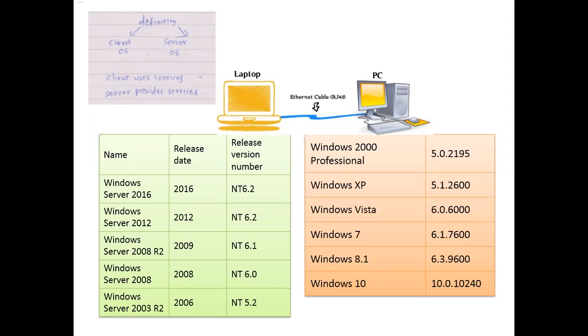Proxy server. A proxy server is the machine which is used to share the internet connection among n number of users. So let us say in PICT, 4,000 users are there.